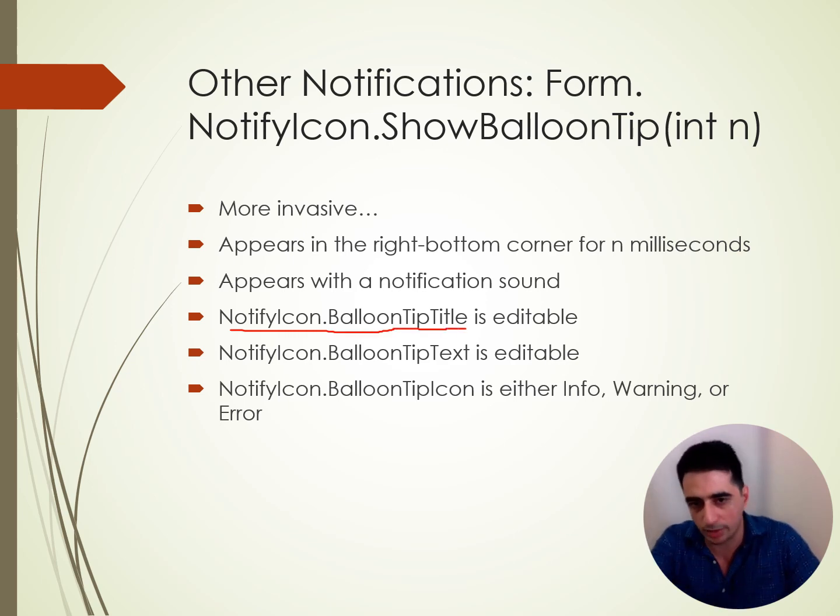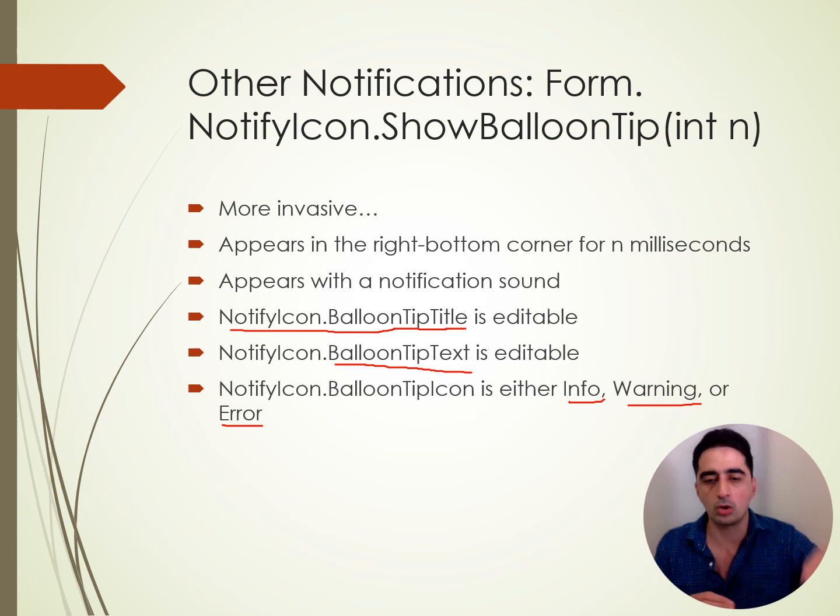You can edit this to whatever you want. You can also set the NotifyIcon.BalloonTipText property, and you can select the balloon tip icon from one of the 3 choices that exist, either info, warning, or error. Each type has its own icon. If it's an issue or an error that happens and you want to notify the user, you use the error icon. Otherwise, either warning or info would be appropriate.